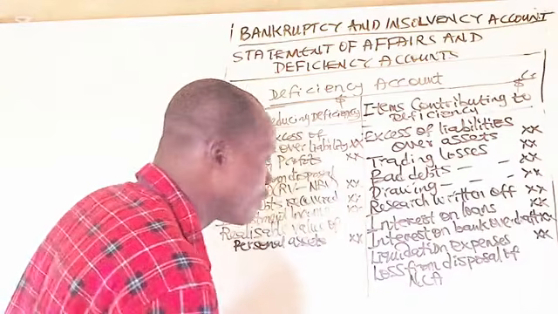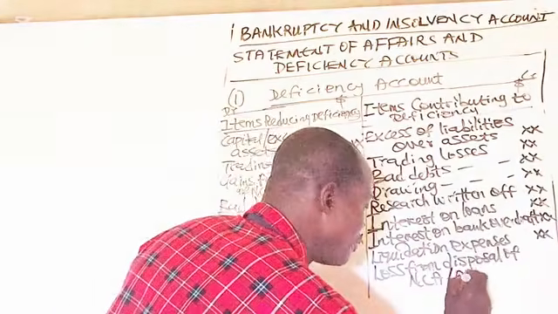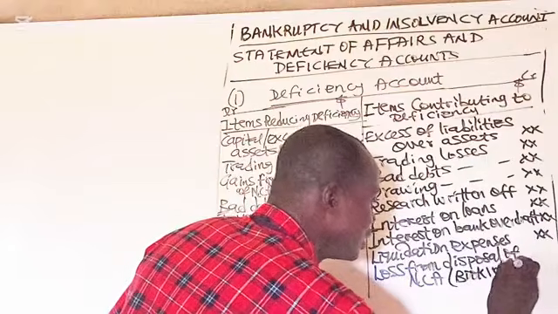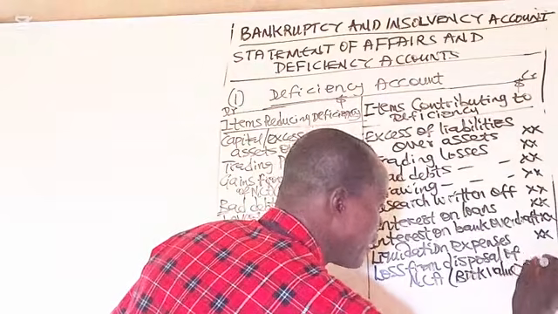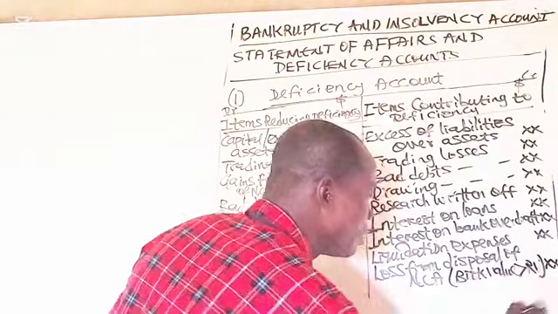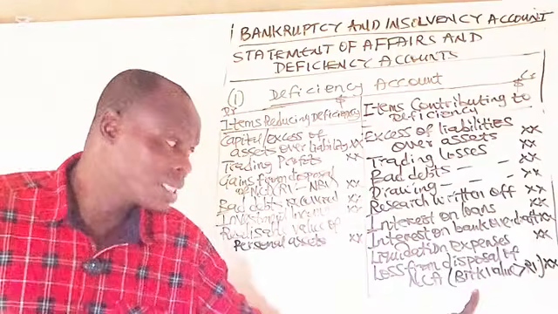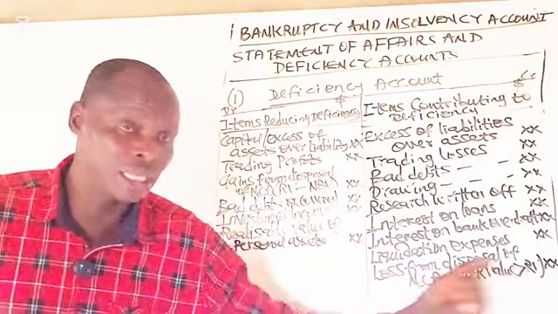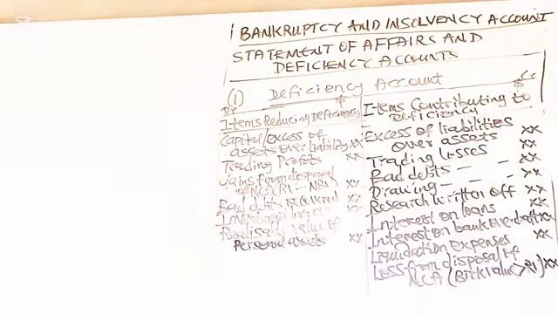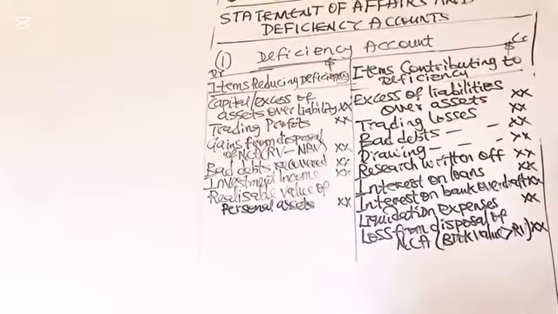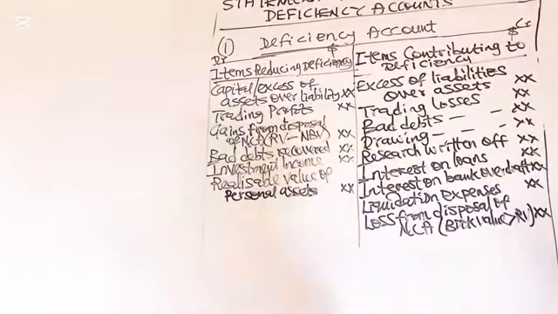But this time around, the book value is greater than the realizable value. The amount by which the book value exceeds the realizable value is the loss from the disposal of the assets I'm talking about.